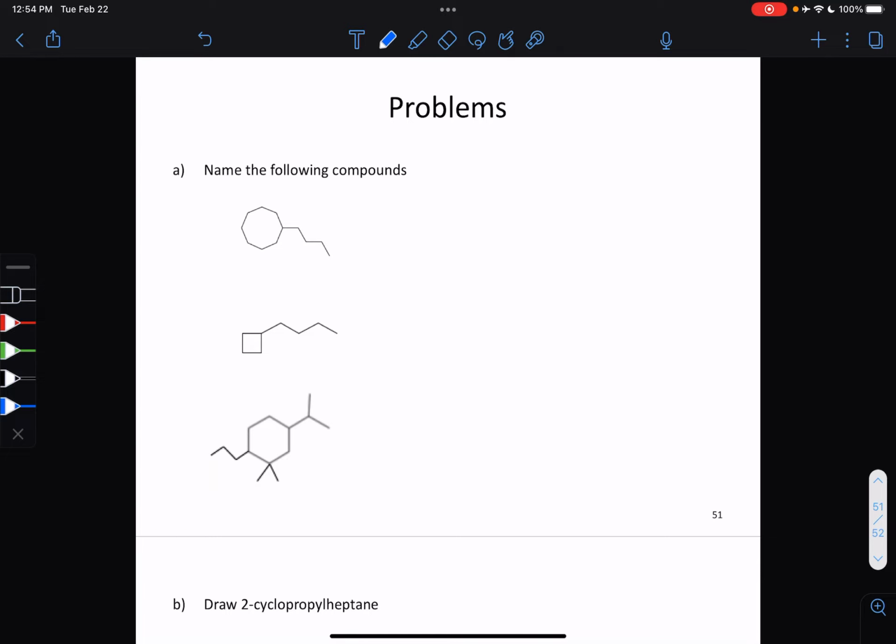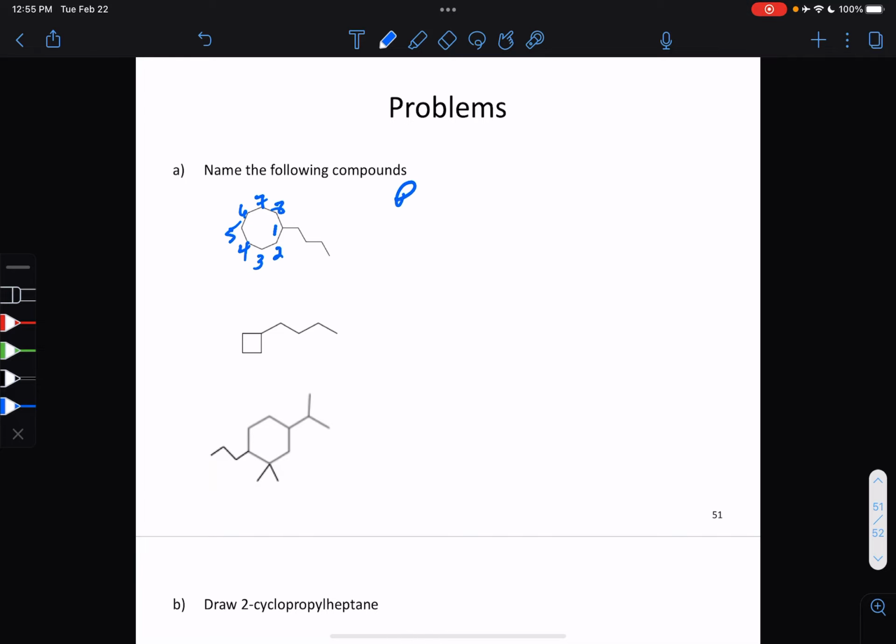So we're going to give the carbon on the cyclic structure that has the branch attached the number 1, and then we can number the ring going up or going down. It does not matter, and we don't even really need to number it if we can see how many carbons we have there, but a lot of us can't see that, so we definitely have to number it. So we've got 8 carbons there.